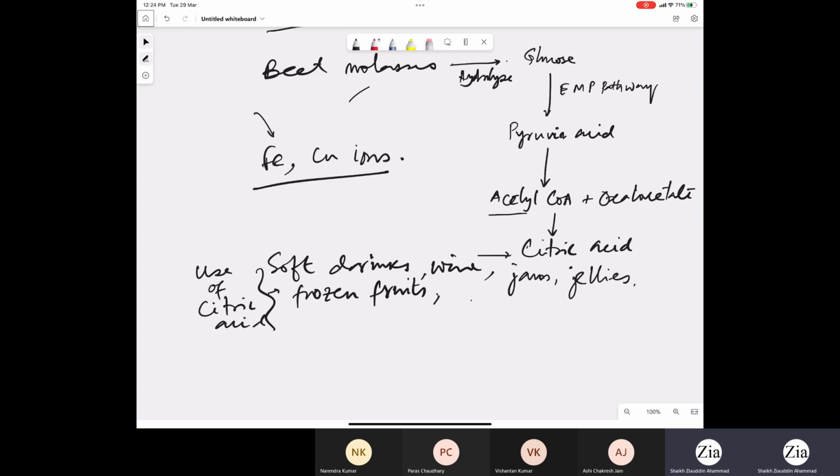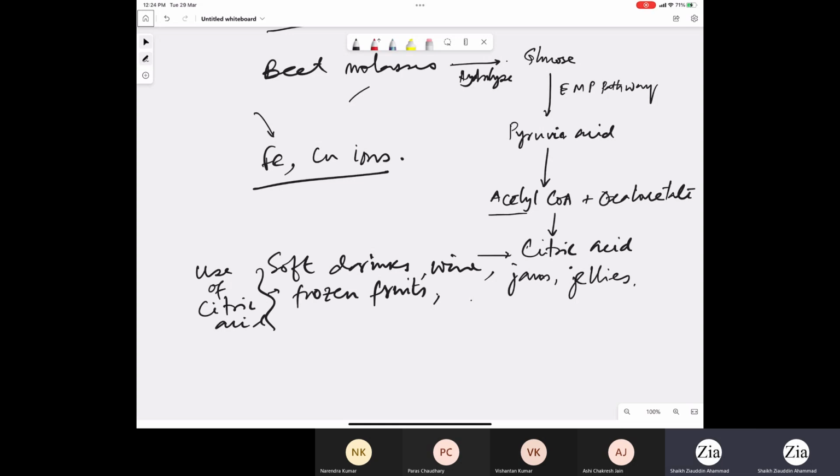So it has multiple usages. In the food industry, it is also used as a food supplement because it will quickly metabolize. It is also used as a cosmetic material, for hair rinses and hair setting. So multiple uses are there.